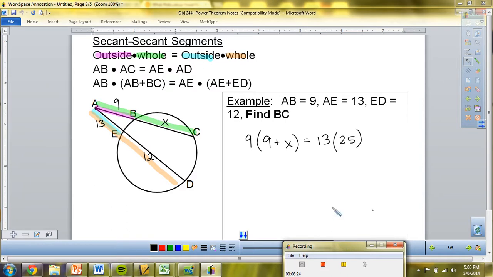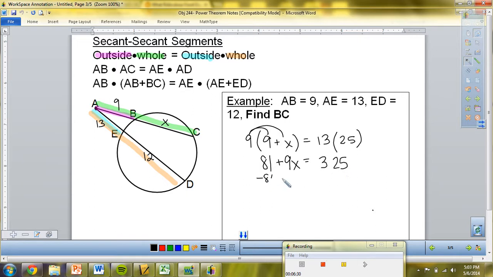So then we can start to simplify. I have my 9 outside of this group, so I'm going to distribute 9 times 9 to give me 81. And then I distribute 9 times X to give me 9X. And 13 times 25 to give me 325.